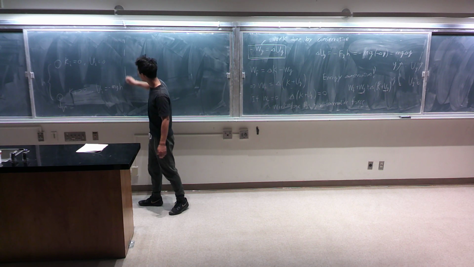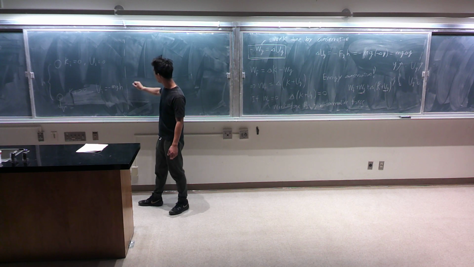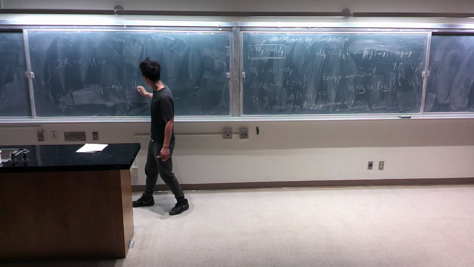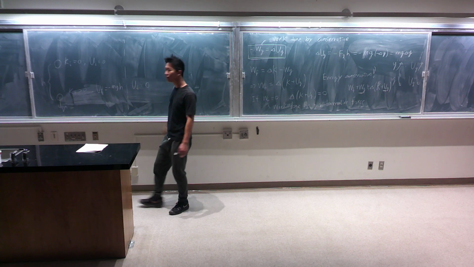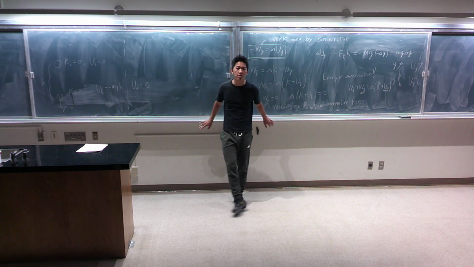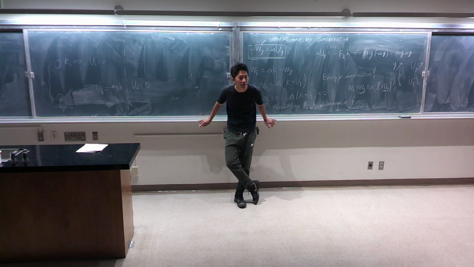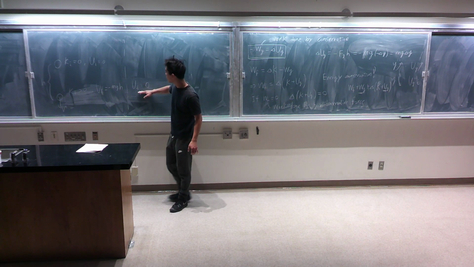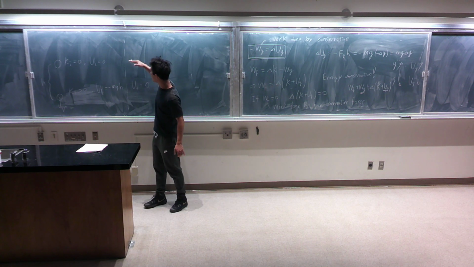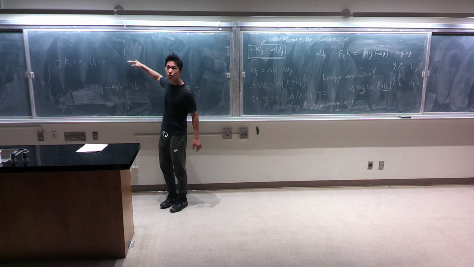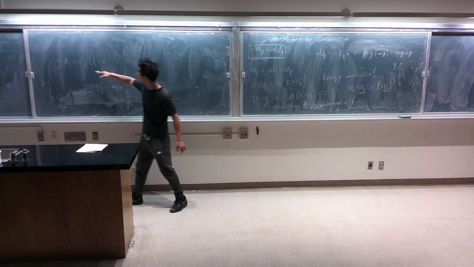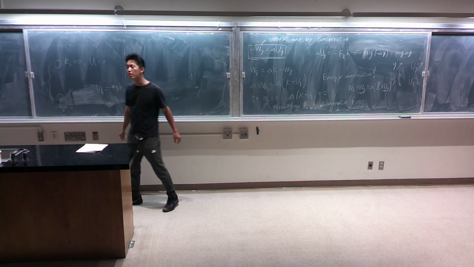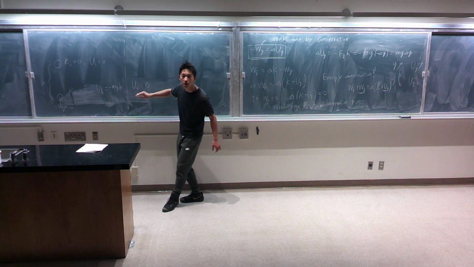So alternately, you can set the potential energy down here to be 0, as long as you keep track of the difference. If I set the potential energy here to be 0, then the potential energy up here should be higher, because the ball is at height h higher than down here.